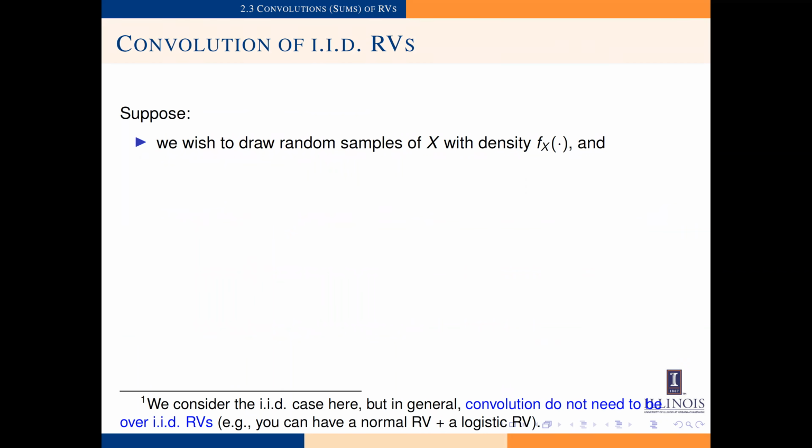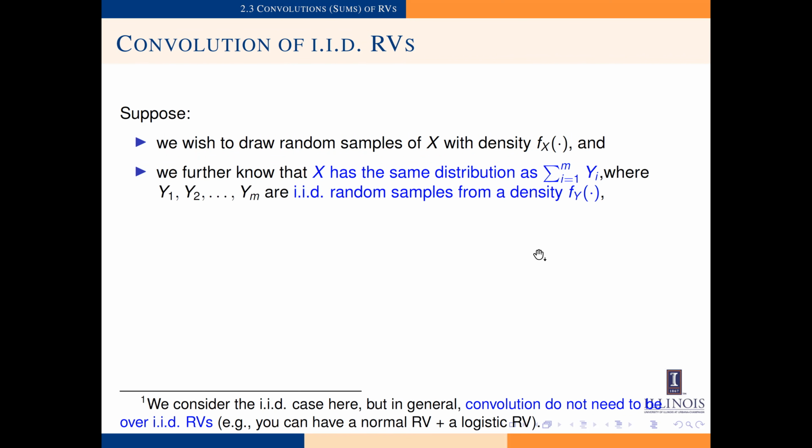Now let's talk about the convolution of independent and identically distributed, or IID, random variables. Let's suppose that we want to draw random samples of x with some density fx. Further, let's assume that we know that x has the same distribution as the sum from i to m of yi's.